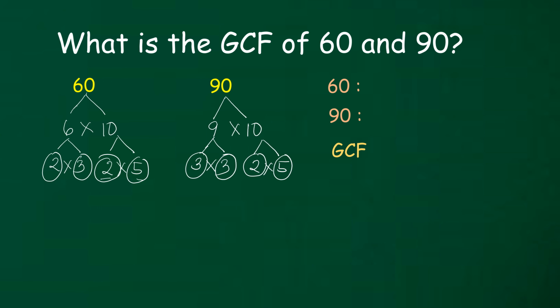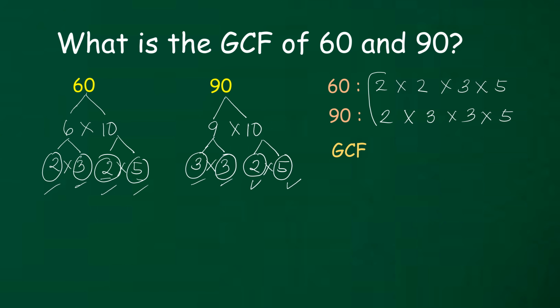Let's list down the prime factors of 60. We have 2 pieces of 2, 2 times 2. We have 3 and 5, so times 3 times 5. Next, for the 90, we have 1 piece of 2. Then we have 2 pieces of 3, 3 times 3. Then we have 5. Now, let's look at the common factors.